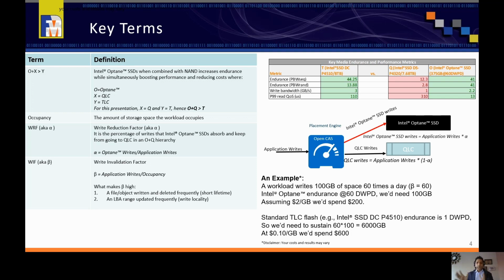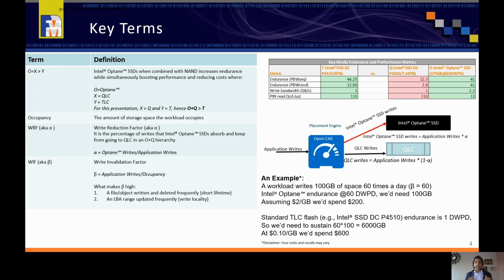Let's walk through now the bottom right example. It's a toy example where a workload writes 100 gigabytes of space 60 times a day. So endurance demand for this workload or beta is 60. Optane endurance is 60 drive writes per day. So demand matches the capability. And so we need 100 gigabytes to sustain this workload. At $2 a gigabyte, we would spend 200 on Optane.